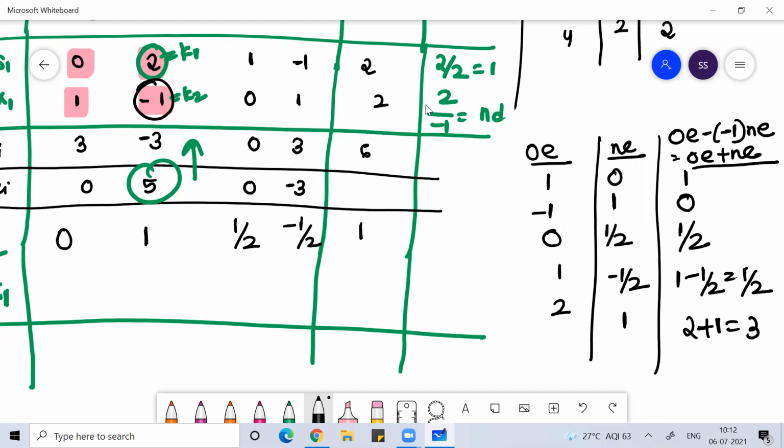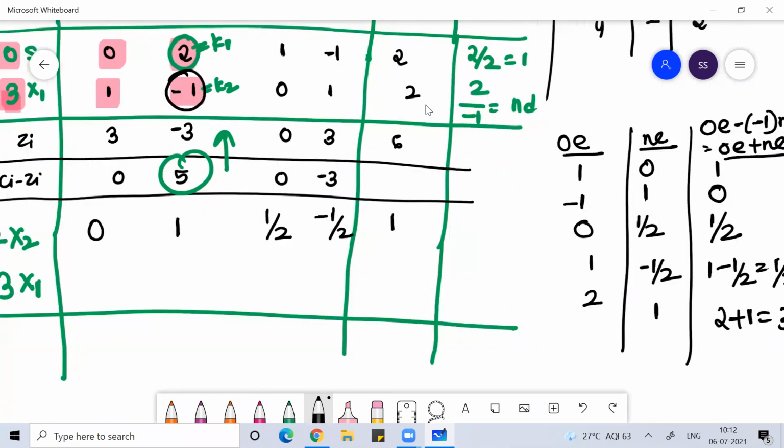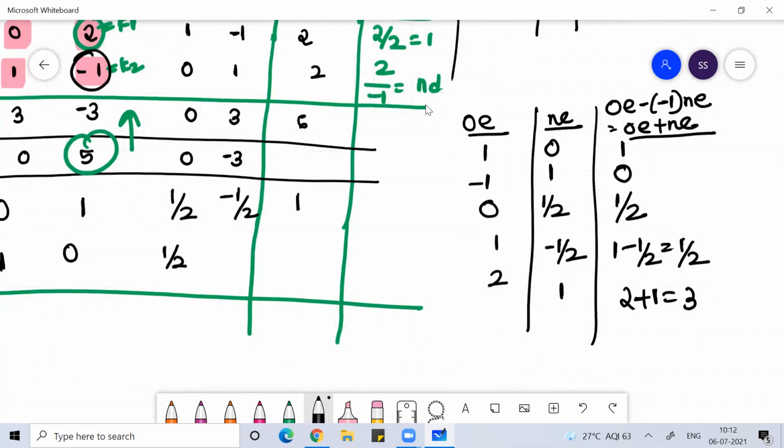Done, everyone? So this value would be 1. The values of x1 would be 1, 0, 1 by 2, then again 1 by 2, and then 3.